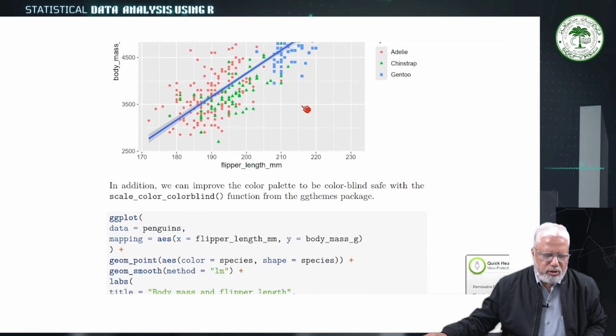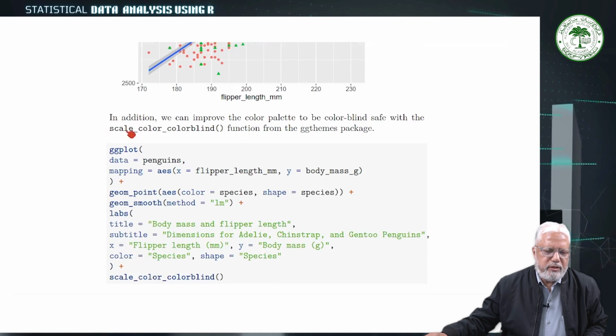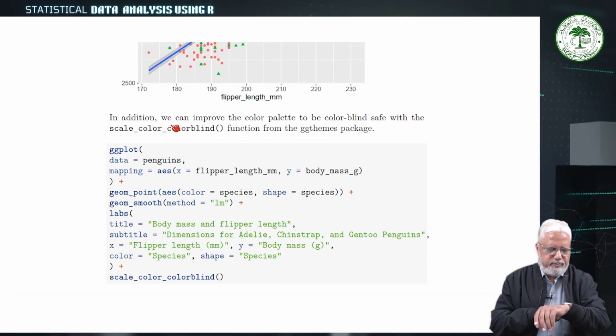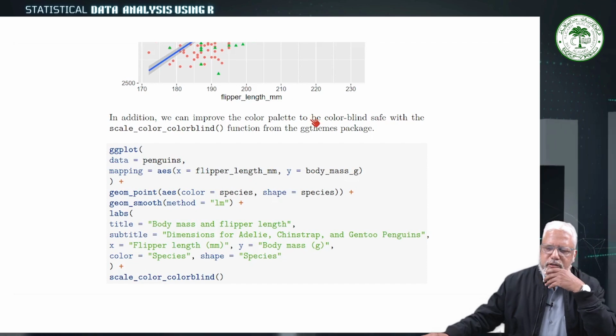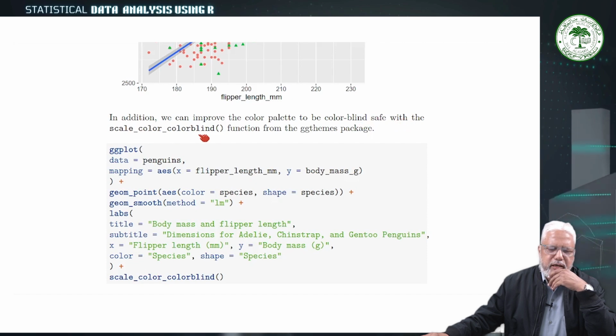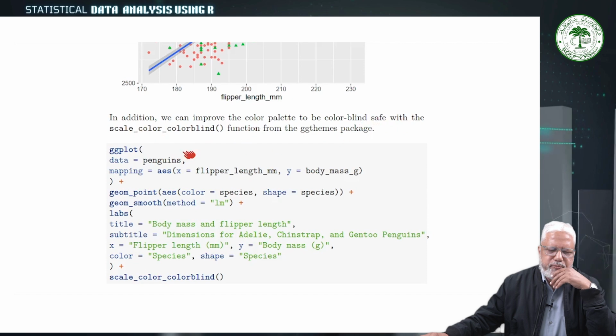Now we are going to add, see, in addition we can improve the color palette to be color blind safe with the scale_color_colorblind function from the ggthemes package.